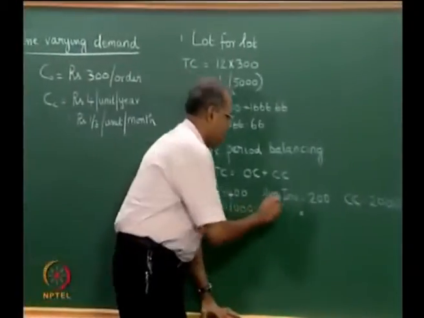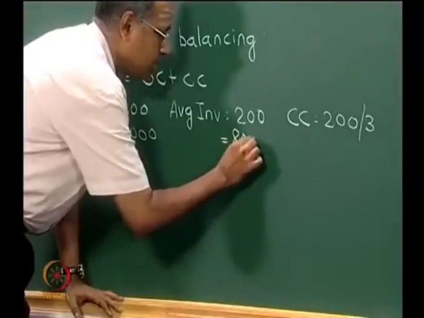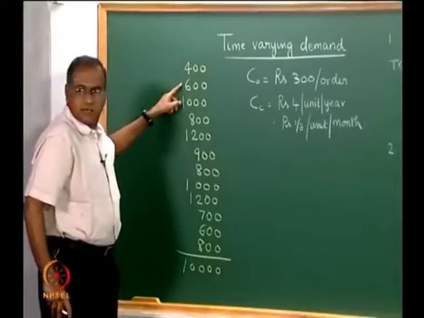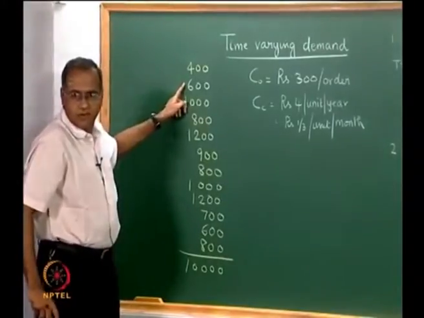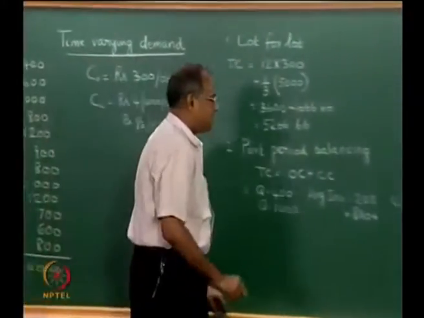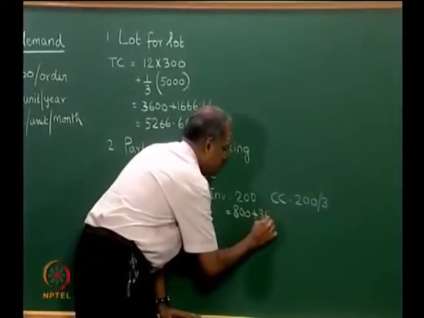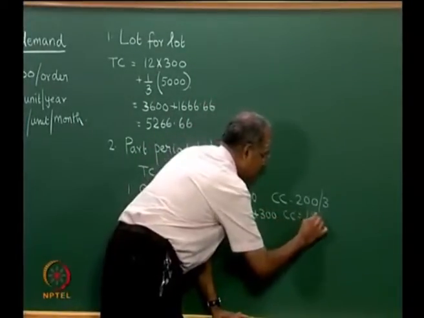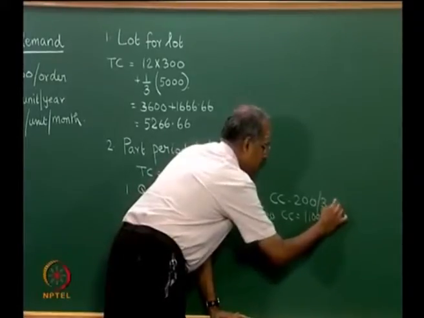In the second month we begin with 600 and end with 0, so there is another 300, and the carrying cost is 1100 divided by 3.